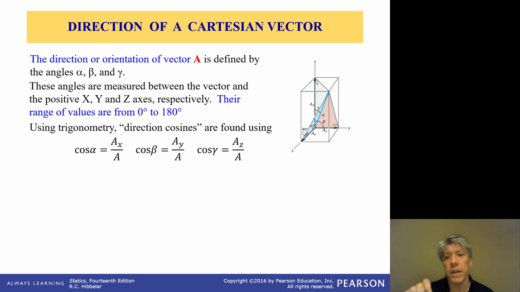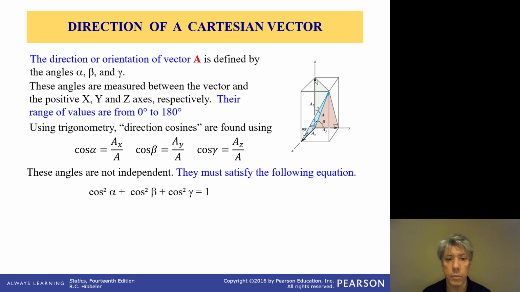The length of the vector is A. If we take the projection of that vector Ax over the length of the vector A, well, then we've got a cosine relationship, don't we? In fact, it would be the cosine of the coordinate angle alpha that would relate to the ratio Ax over A. And it's similar for the other coordinate axes as well, with their respective angles beta and gamma for y and z.